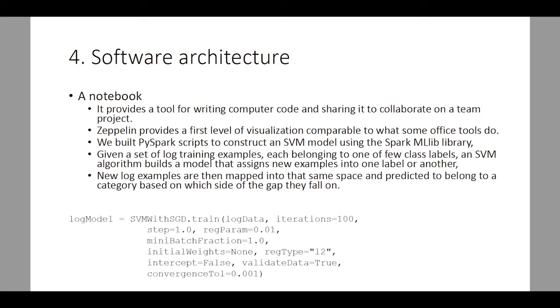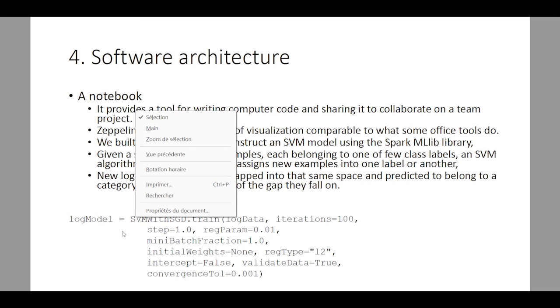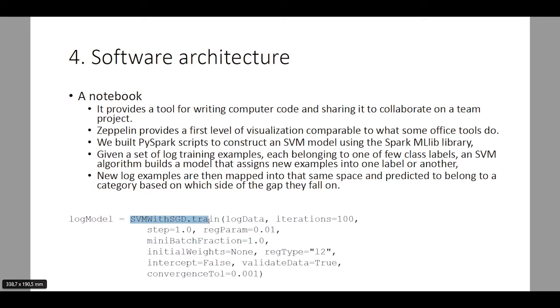In the second part of the slide, we can see a part of a Python prototype. And here we train our SVM model based on our log data, and the following parameters are used for this training.